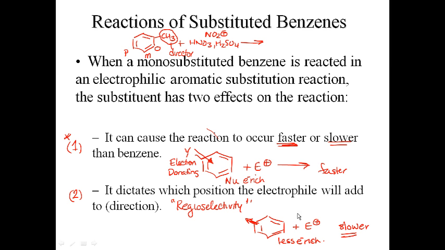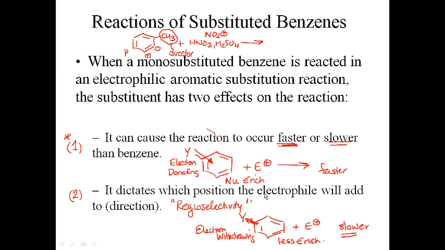By pulling electron density out of the ring by my Y group, the reaction goes slower. These are called electron withdrawing groups. And that's what you talked about in lab with the Diels-Alder reactions, because what's actually known is that when you attach electron withdrawing groups to alkenes, you get faster Diels-Alders. But now we need to define exactly what we mean by electron donating and what we mean by electron withdrawing.